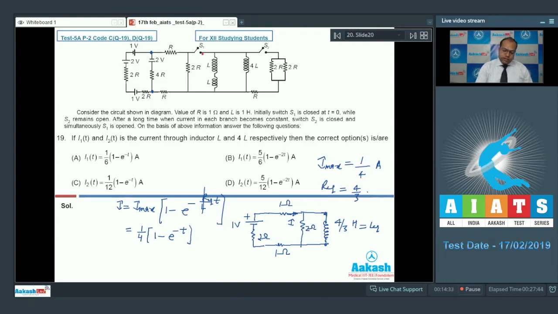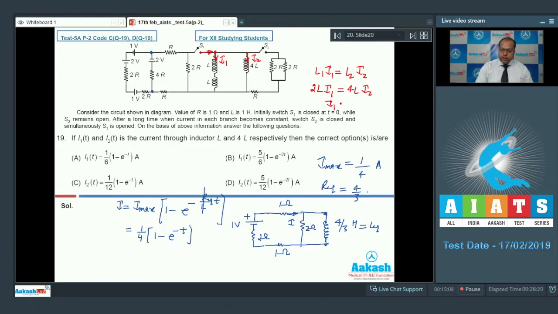Now, when this current reaches this junction, it gets divided. Let I1 go in this direction, and I2 go in this direction. So we can say that L1 into I1 is equal to L2 into I2. The equivalent of this branch is 2L into I1, and it is 4L into I2.